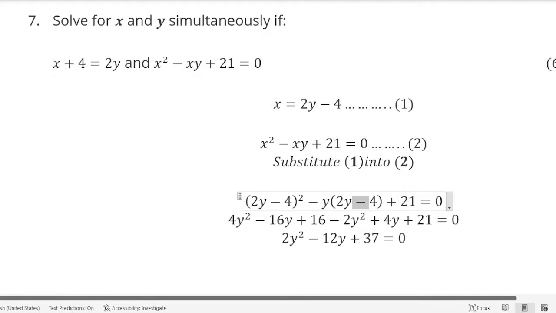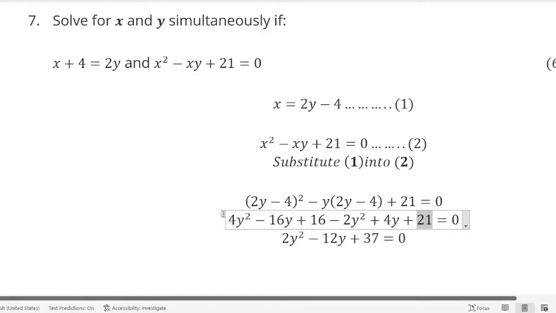Then we have 21. So this gives 2y squared, negative 16y plus 4y is negative 12y, then 16 plus 21 is 37, equals 0.